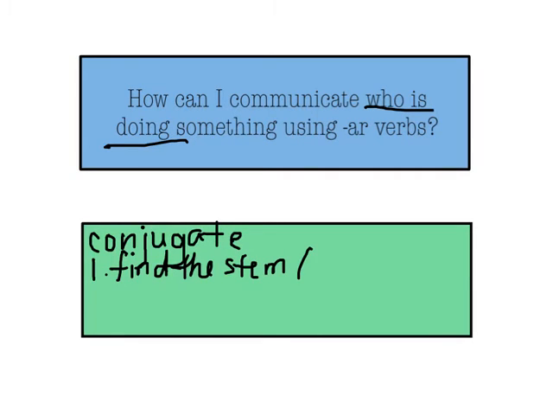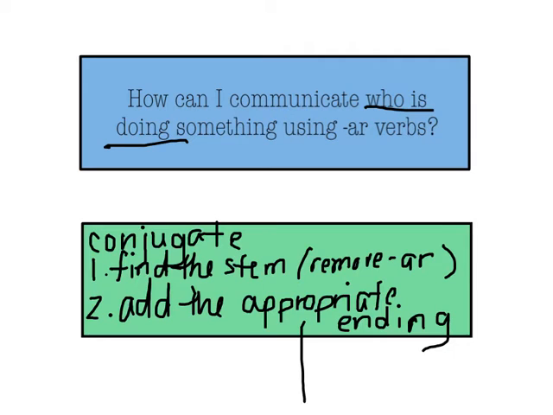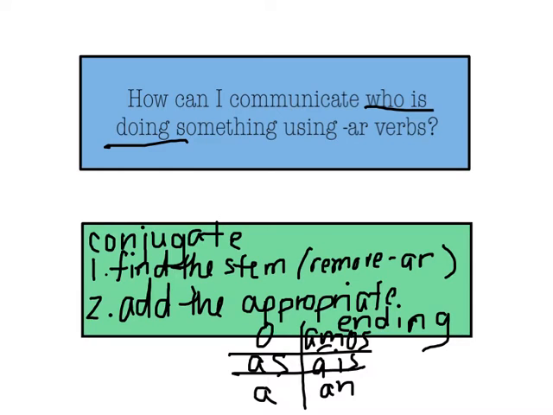And to do that, you're going to remove the AR and then add the appropriate ending. And what I'm going to ask you to do here, I know you already have this chart, but I just want you to copy it down here one more time, both for your own reference as you answer this question about this lesson, but also because it's really, really good practice.